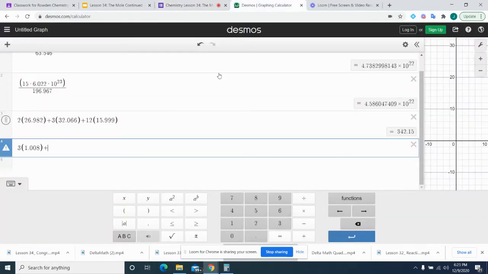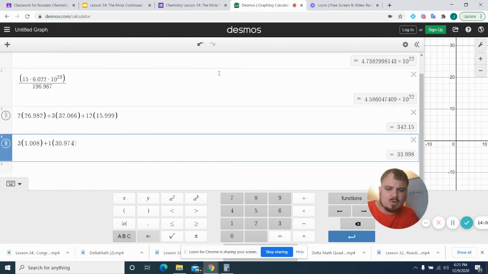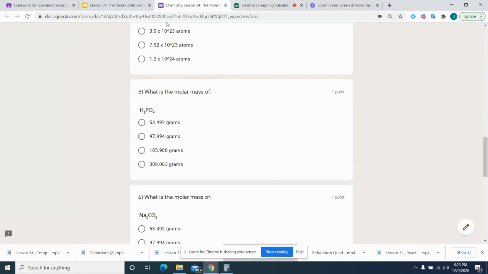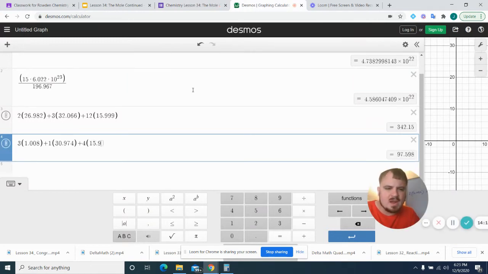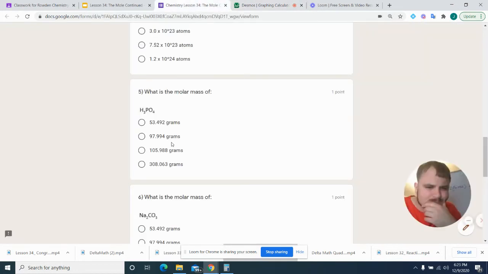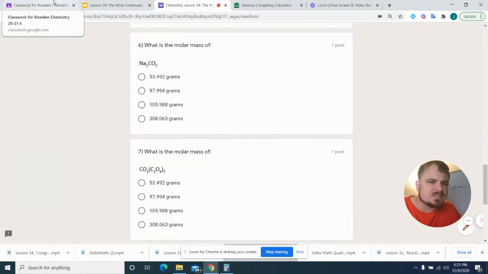So 1 phosphorus, so plus 1 times 30.974. Obviously, writing the 1 in front is totally redundant. I'm just doing that so I follow the pattern I've laid out for you. And then 4 oxygens, so 4 times 15.999. And we get 96.994.